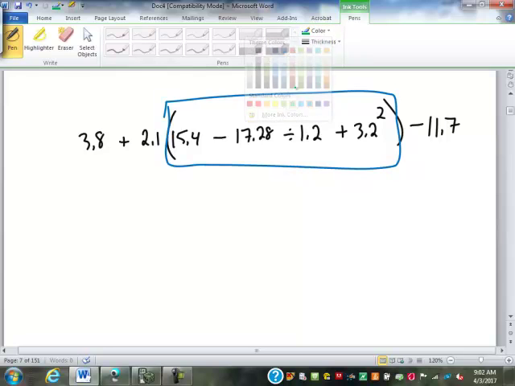Within those parentheses, we still go through the order of operations. Any other enclosing symbols in there? No. So second level is exponents, powers and roots. Do we have any? Yeah. 3.2 squared, which is 10.24. So I replace that with a 10.24.